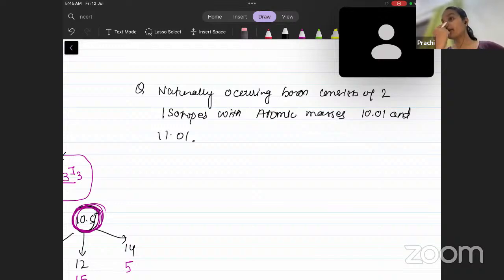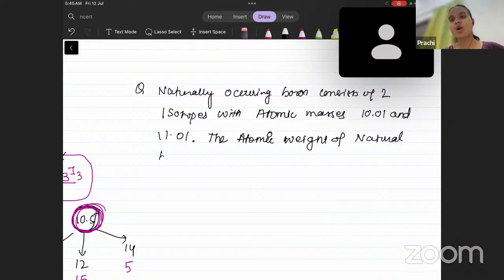Now in the question, you will be given the average atomic mass. So the atomic mass, or we say atomic weight, of natural boron is 10.81.